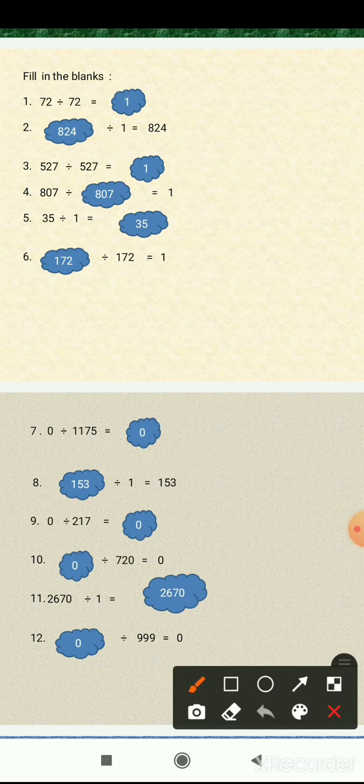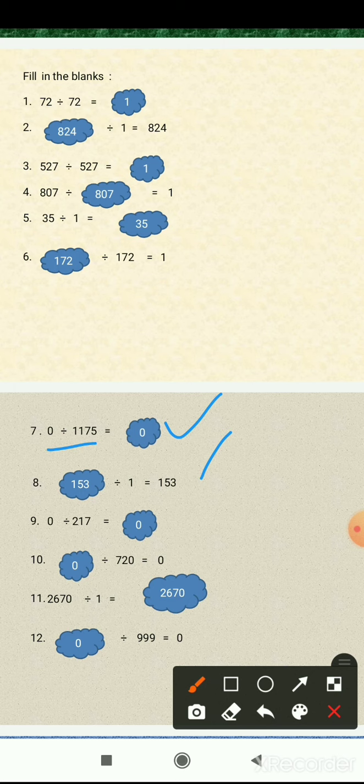Next question, 0 divided by 1175. We have learned when we divide 0 by any number, the quotient is 0. So its answer is 0. Next, divisor 1 is given and quotient 153 is given. When we divide any number by 1, we get that number itself.